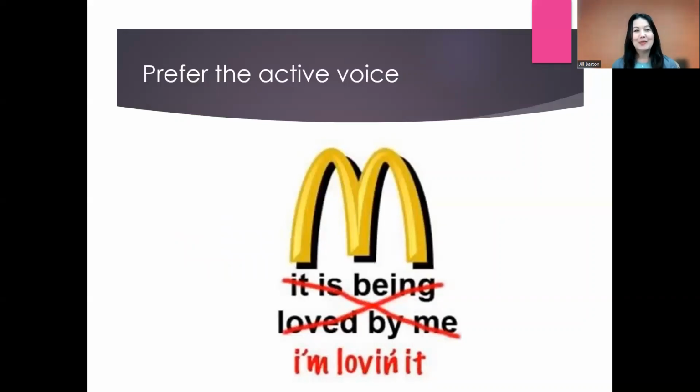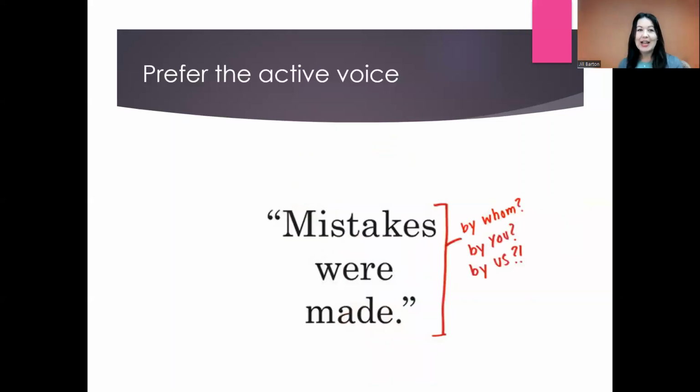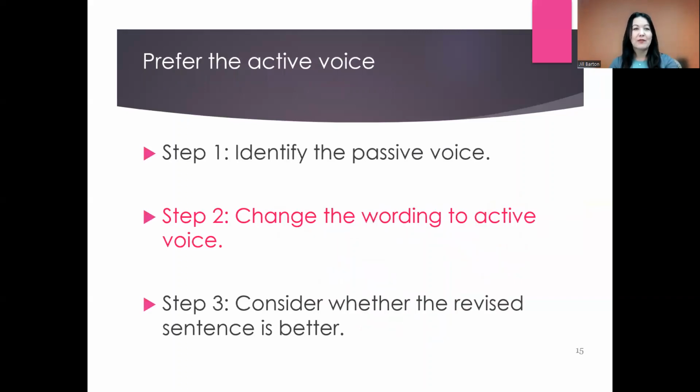It's more direct, it's less wordy, and it shows your reader exactly what you are talking about. There are reasons, of course. Mistakes were made is a common phrase by politicians. We don't know who made the mistake. Perhaps the politician is admitting to the mistake, but this allows the writer or the speaker to deflect attention away from the actor. So in determining whether you should use active voice or passive voice, we will follow 3 steps.